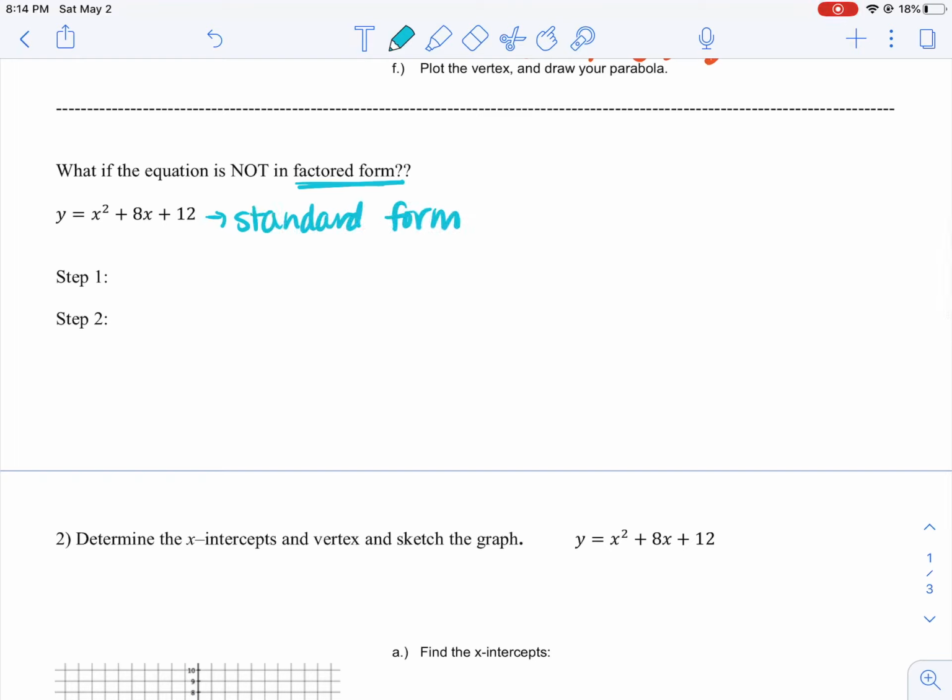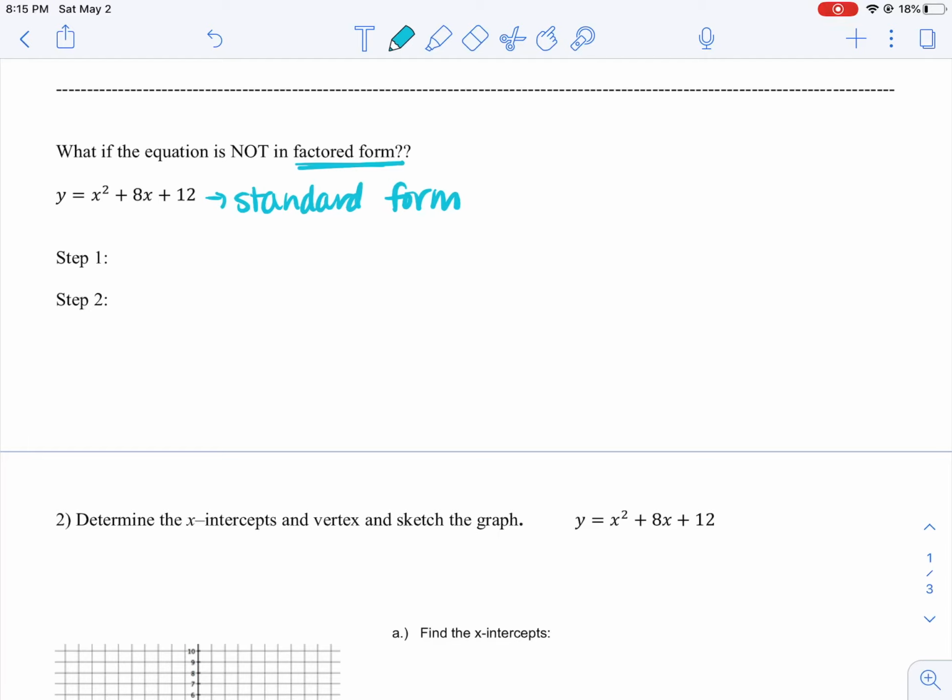Step 1 is you need to factor, so that your equation looks like this with the parentheses, and you're going to factor by using the box.